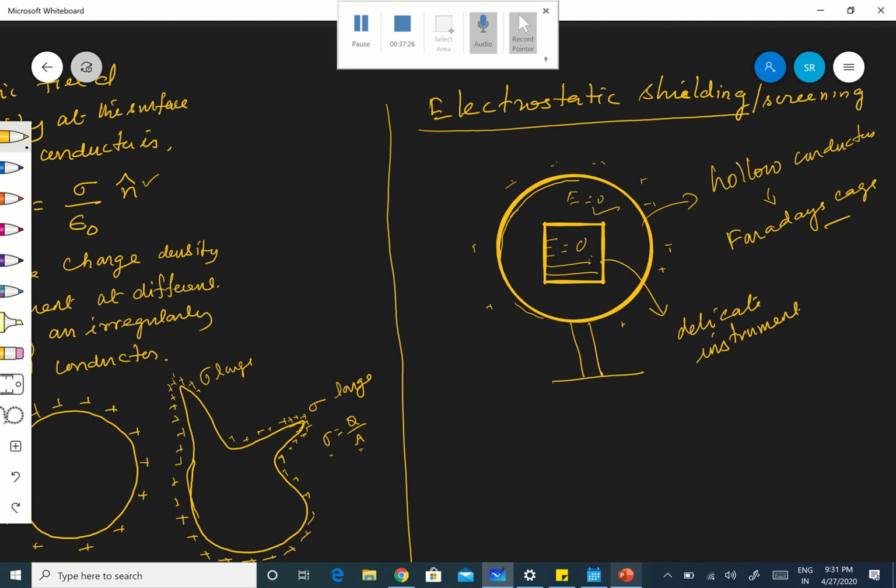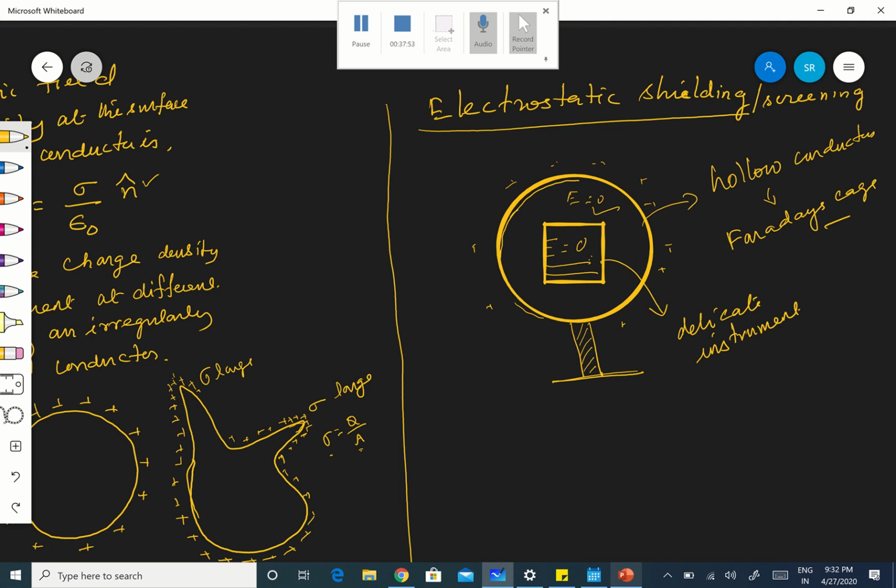The other way of shielding is that an earthed conductor can also be used as a screener for electrostatic shielding. Here it is an insulator, in electrostatic equilibrium.